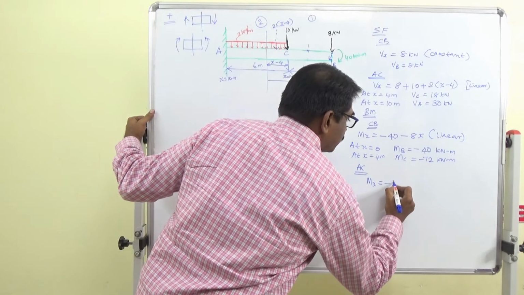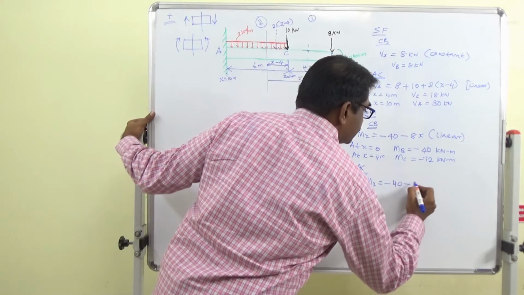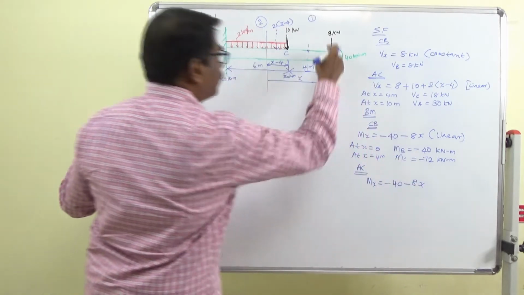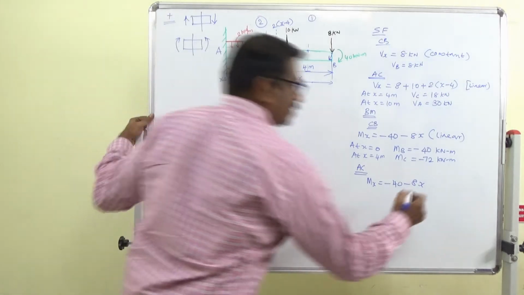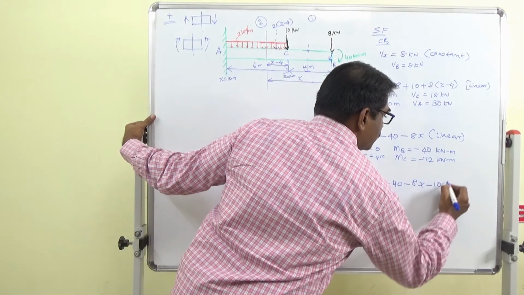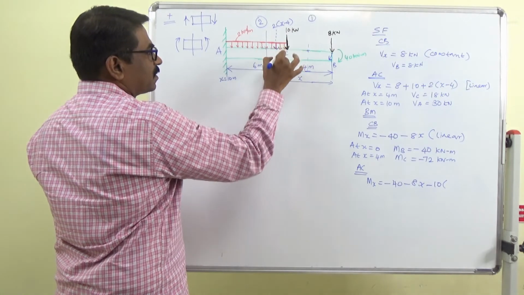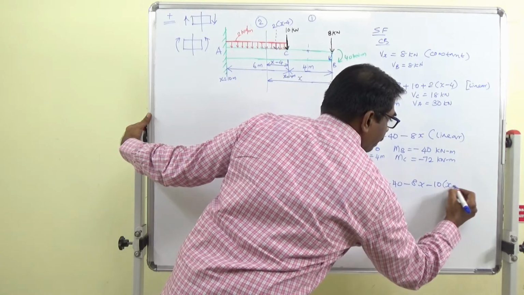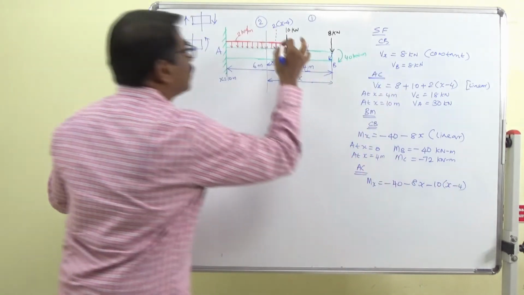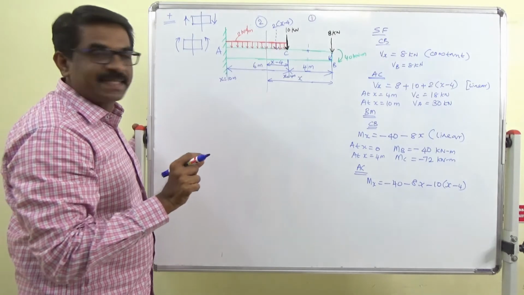So minus 40 minus 8 into perpendicular distance x, minus 10 into, what is the perpendicular distance for 10? This distance, it is x minus 4, and for 2 into x minus 4, what is the perpendicular distance?